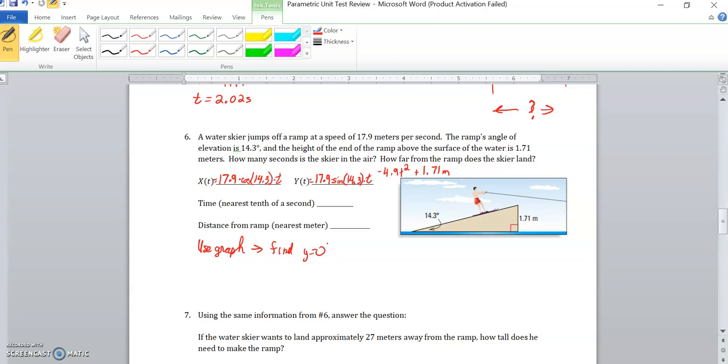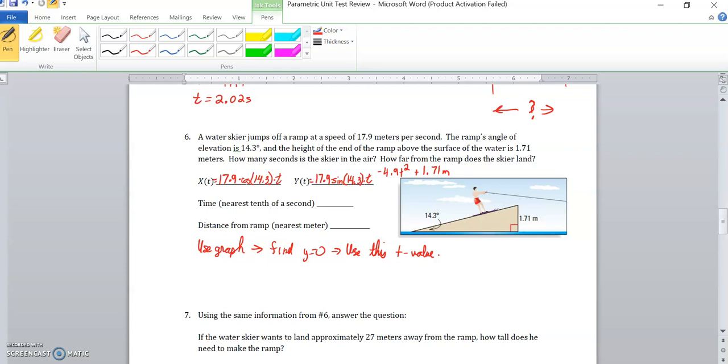So we're going to look for that point, and use this t value on our graph to figure out our information for our time and our distance.